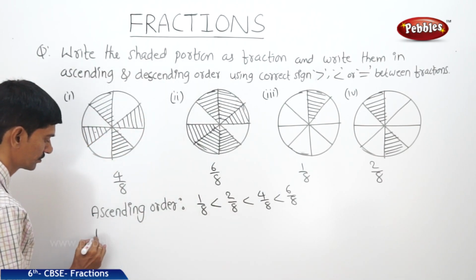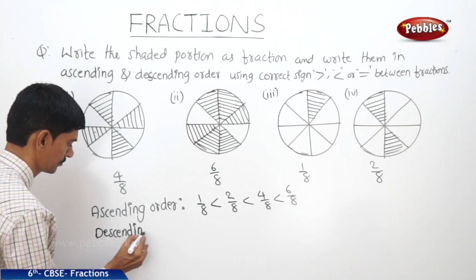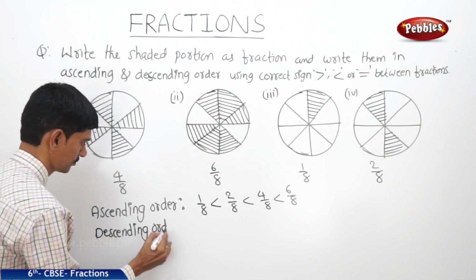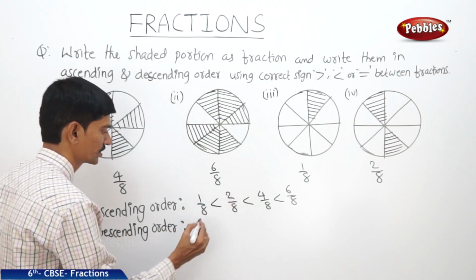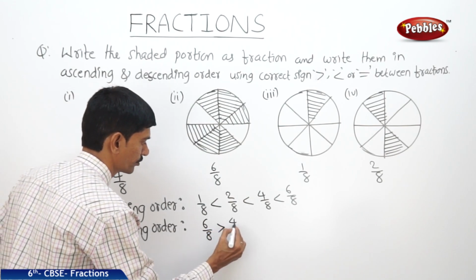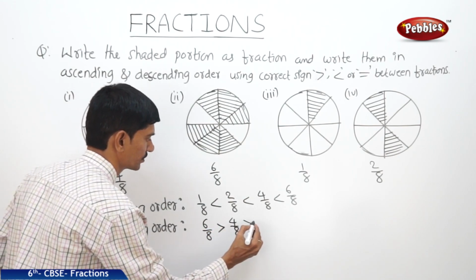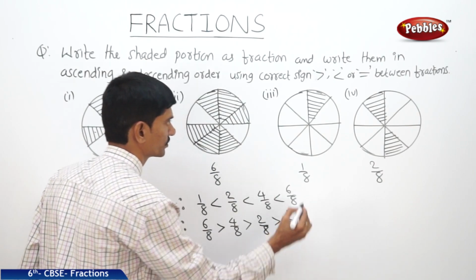Now descending order. First we take 6 by 8, which is greater than 4 by 8, which is greater than 2 by 8, which is greater than 1 by 8.